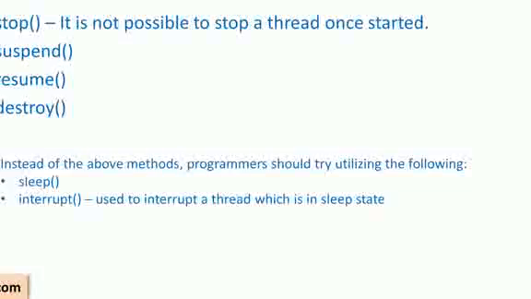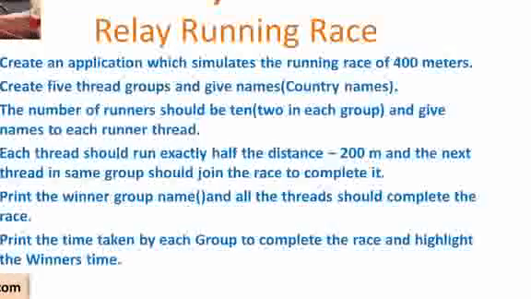So I have an interesting assignment for you. I want you to implement a relay running race program where 10 runners will be participating in 5 groups. That means each group will have 2 runners, and it will be a 400 meters race.